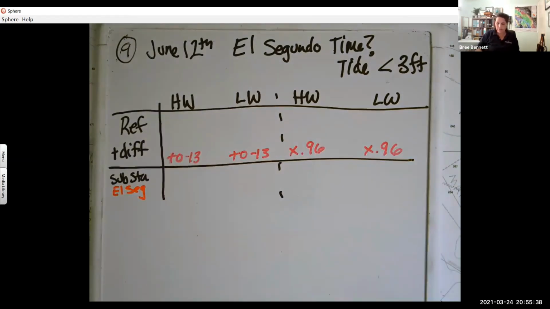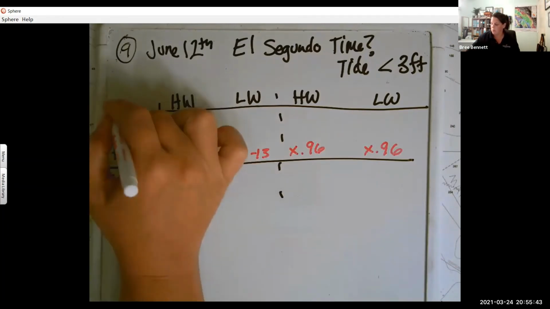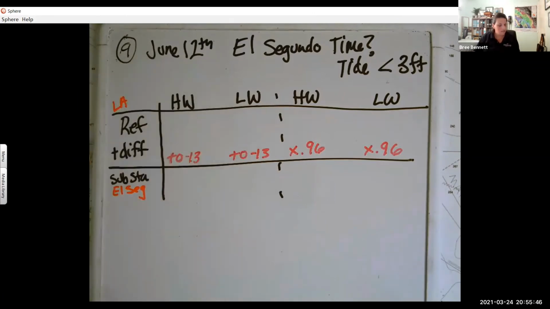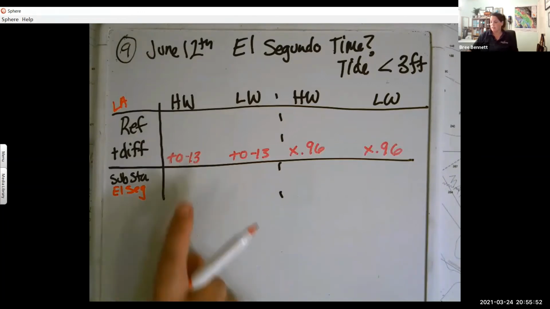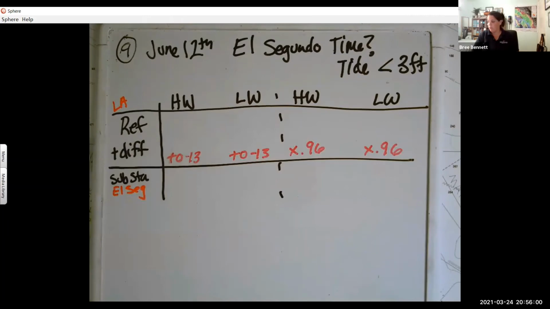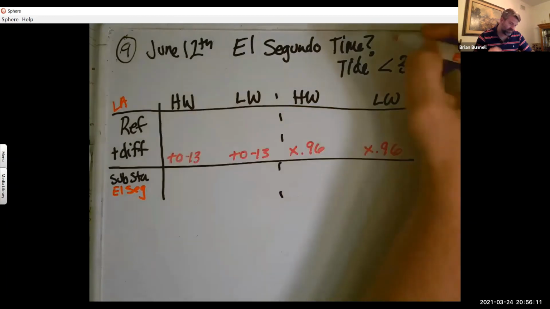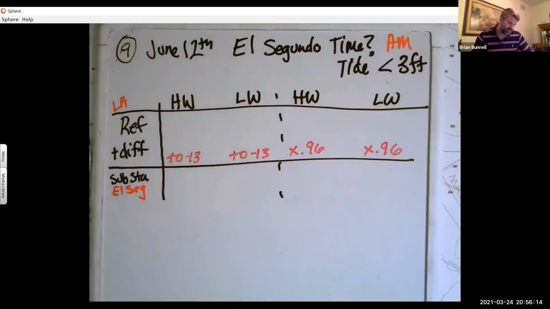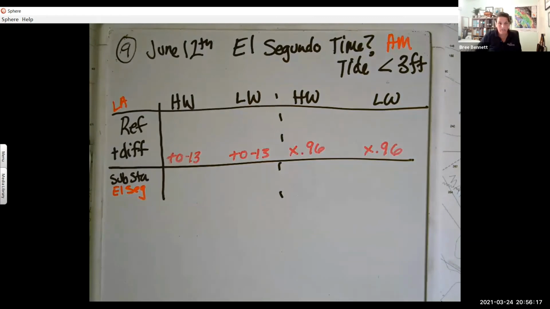Okay, what is our reference station for El Segundo? We're back in LA. Everyone understand where I got the differences written down from? Okay. So we're looking for a time. Did it give us an AM or a PM? AM, an AM tide that is around 3 feet.